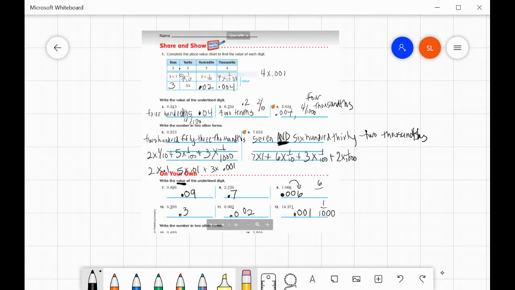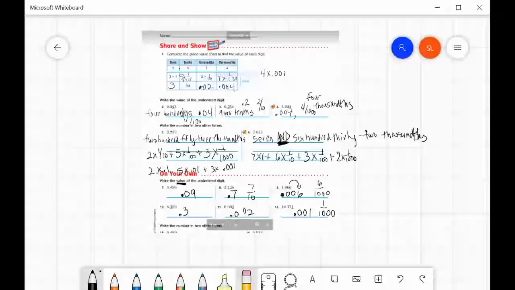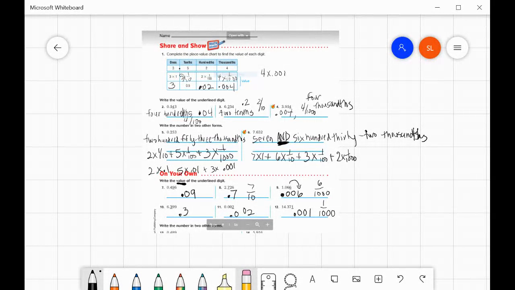This would have been 6/1,000. So you can do fractions or you can do the decimals, either way. And then we're not going to do 13 and 14 with that. So if you need to pause this and make any corrections, go ahead and do that. And after this, you may move on to the next assignment.